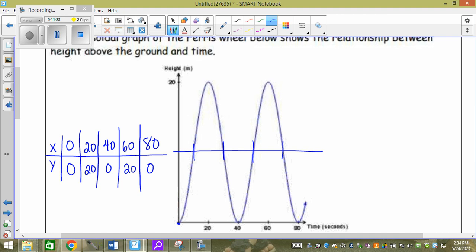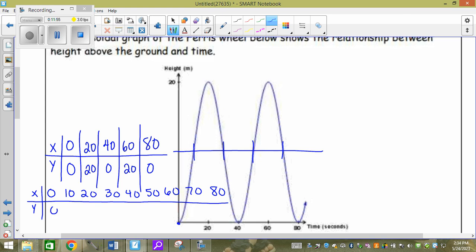Go to your list and go 0, 10, 20, 30, 40, 50, 60, 70, 80. And then on the bottom, you would get 0, 10, 20, 10, 0, 10, 20, 10, 0.